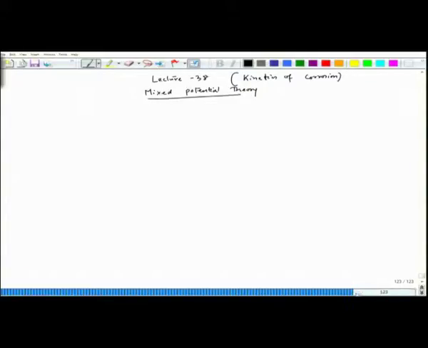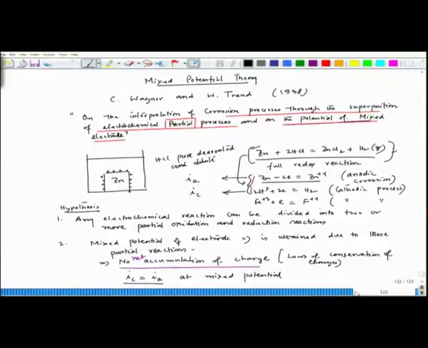In fact, in the last lecture we put forward two hypotheses. The first hypothesis is that any electrochemical reaction can be divided into two or more partial oxidation or reduction reactions.